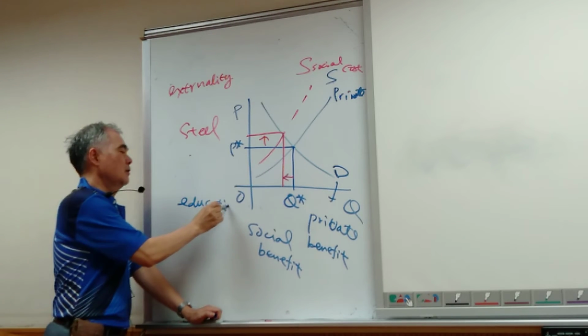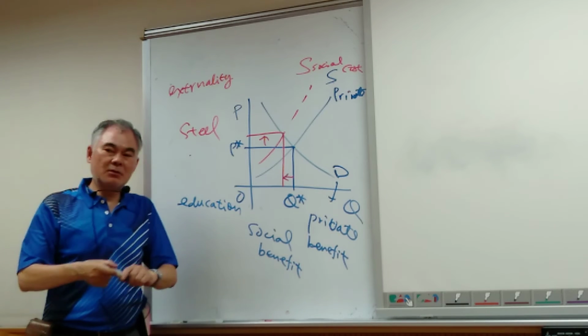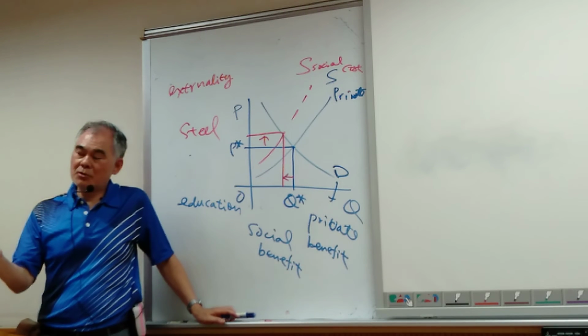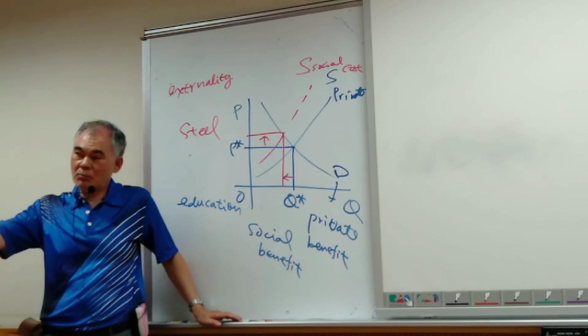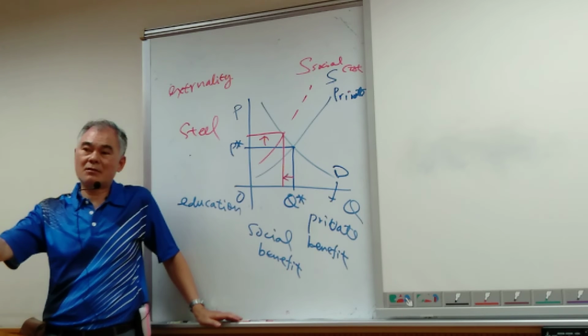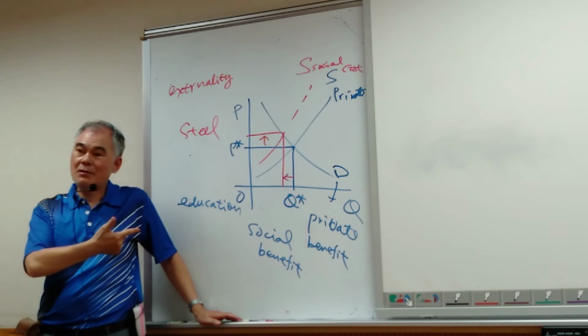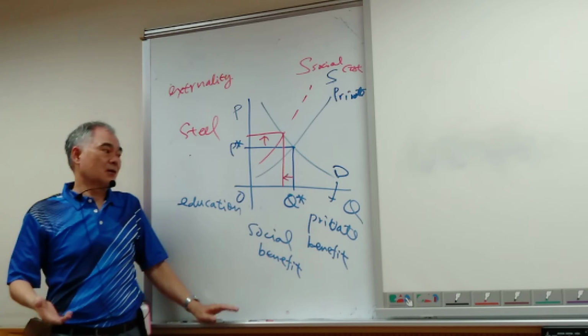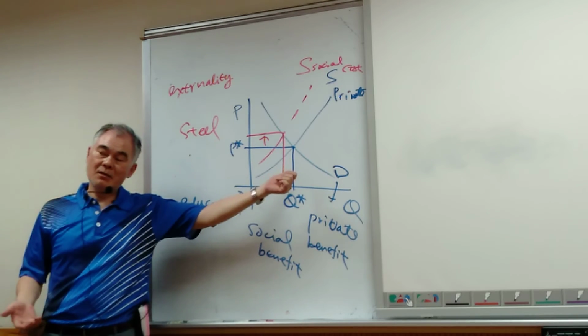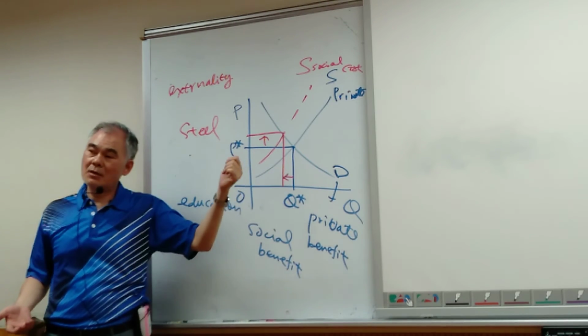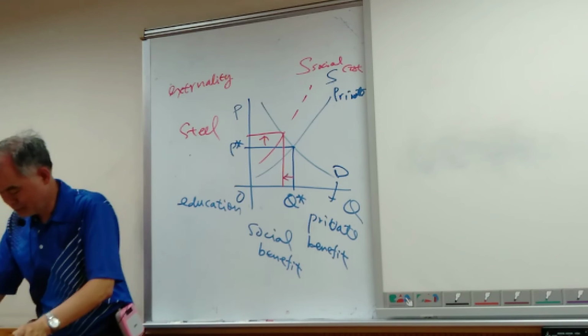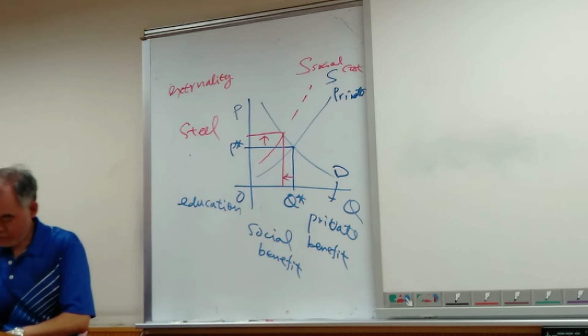Why? Because education not only gives you knowledge, but also gives the people surrounding you, your parents, your relatives, knowledge too. So that means considering the social benefit, the demand for education actually should be higher.